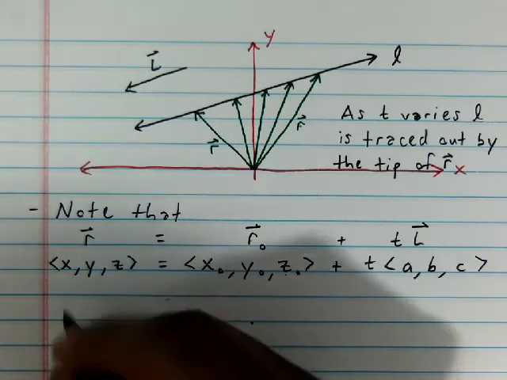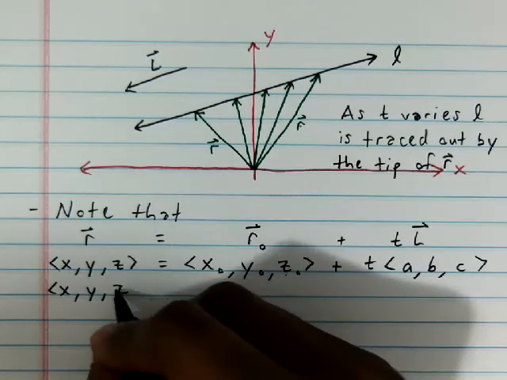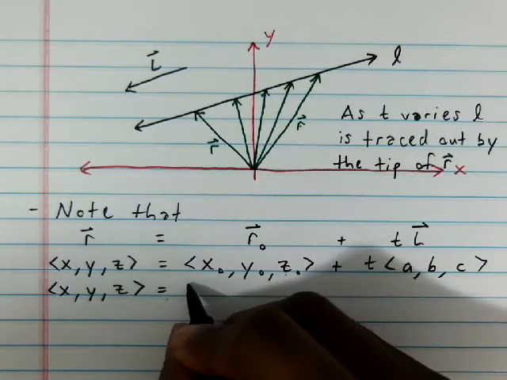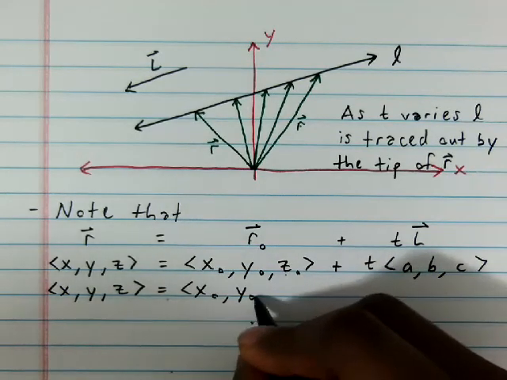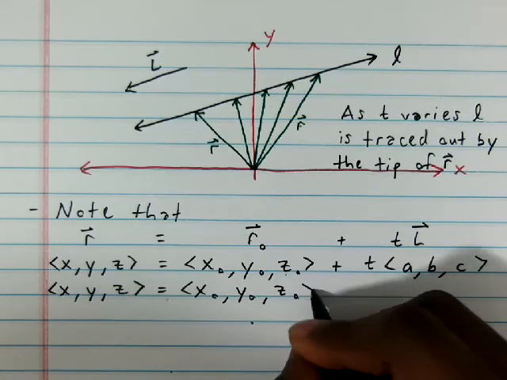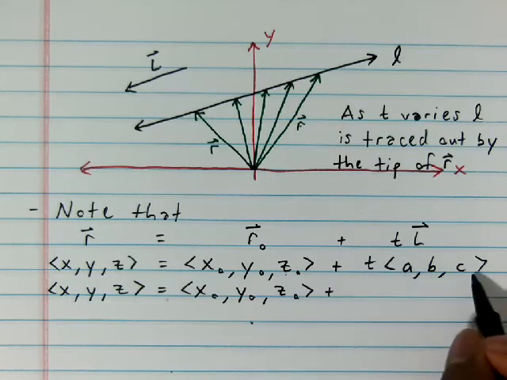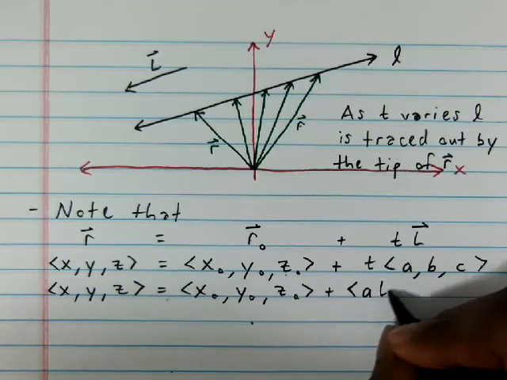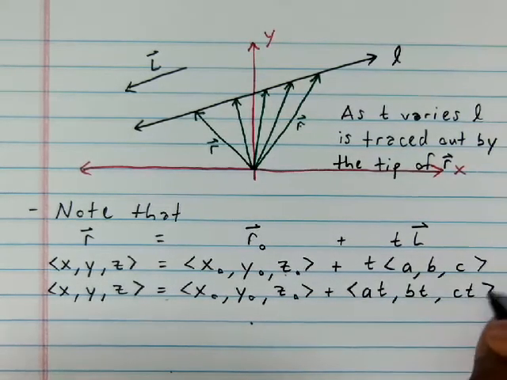All right, so now we just use our knowledge of vector operations, and this is the same as x naught, y naught, z naught, plus, remember, t is any number, so it's just a scalar. So we multiply this scalar times that vector, then we end up with AT, comma BT, comma CT.